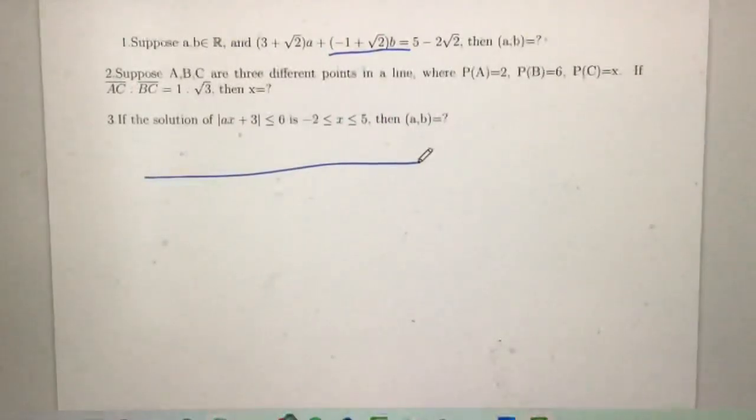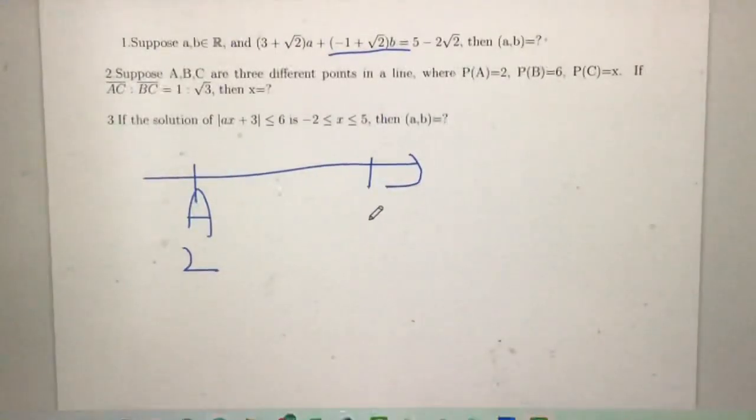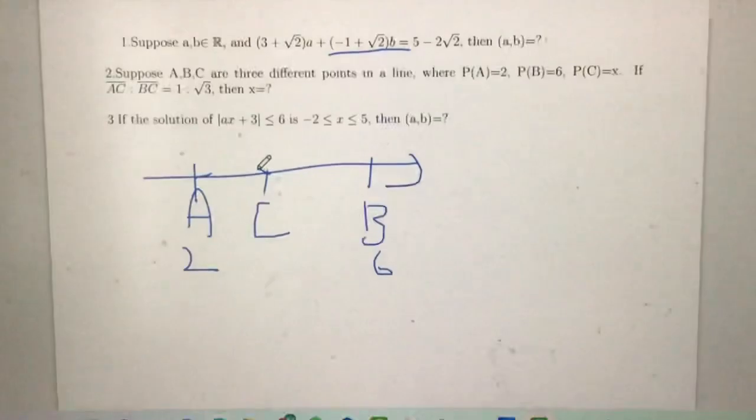Okay, so we can draw it like this. So this is A equals 2, and this is B, which equals 6. So by section formula we have 2 cases, right? The first case is if C is between A and B, like this one. For example, C is here, and we can get that AC and BC is 1 and square root 3.